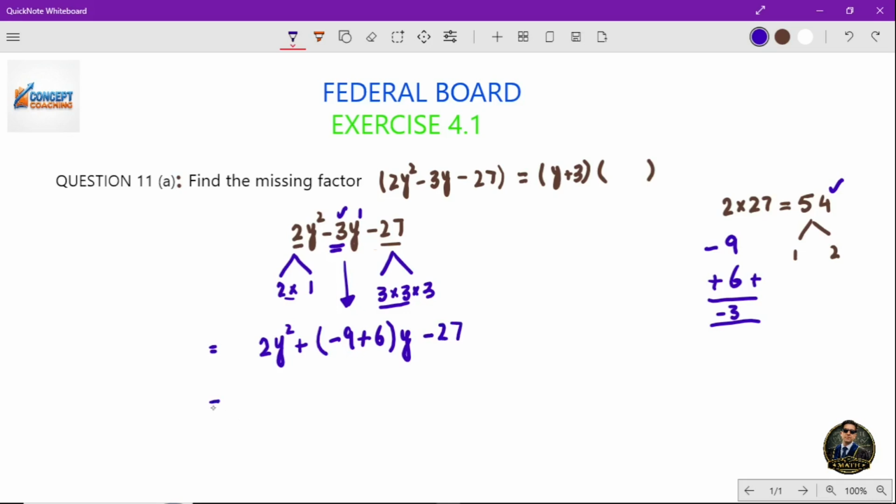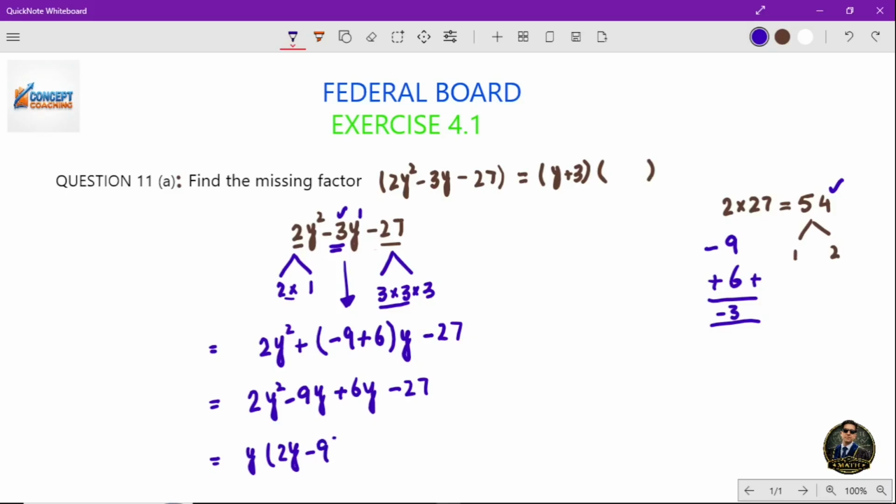Now what will you do? This is 2y square, and then we have minus 9y. We just multiply y with the bracket numbers, 9y, and plus 6y minus 27. Now what is common between these two? Definitely y is common. So y is common, and we are left with 2y, because we have taken one y common, so only one y is left, minus 9.